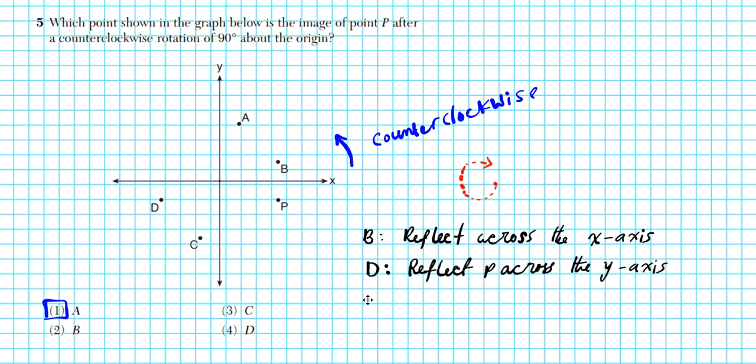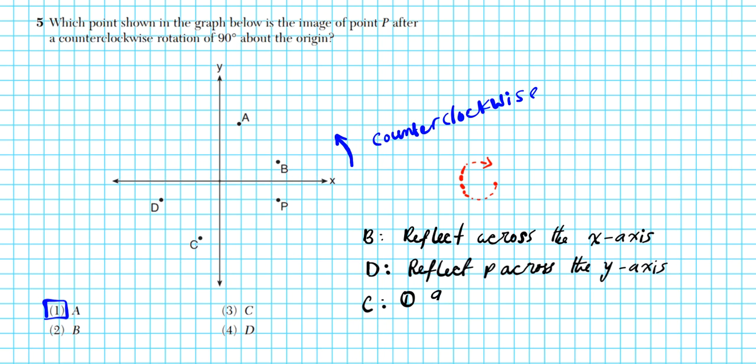Now, how do you get to point C? This one involves a rotation, okay? There are two ways you can get to point C from P. First one is, method one, is by rotating clockwise 90 degrees, okay?